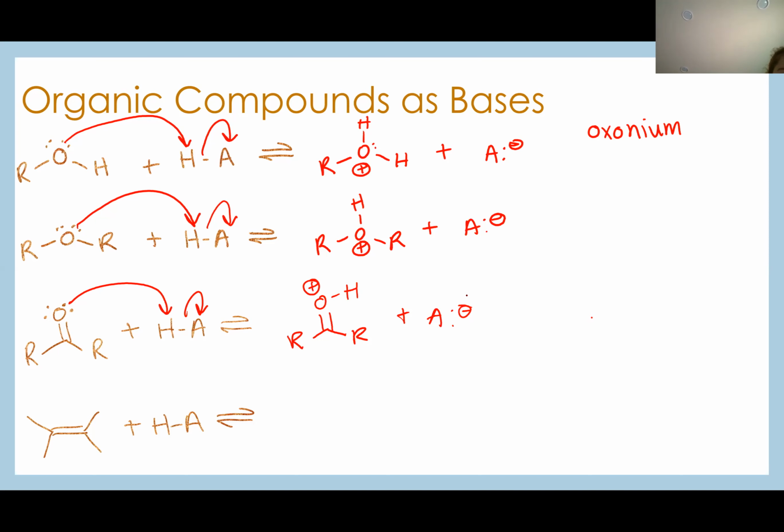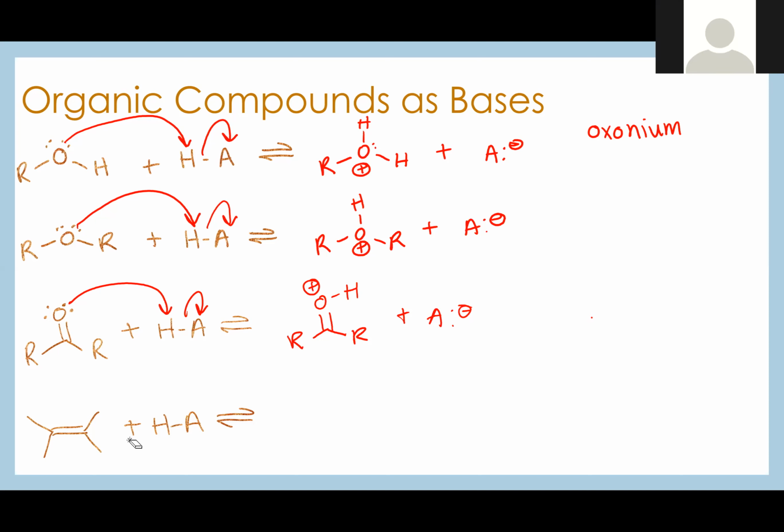Okay, and then our bottom one, this one's a little trickier, but we know that HA is shorthand for a strong acid. So that's still going to be our acid. So we have to figure out how this alkene can serve as a base. Where does an alkene carry extra electron density?